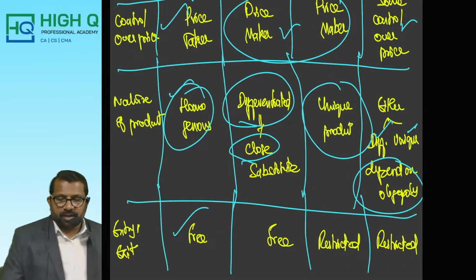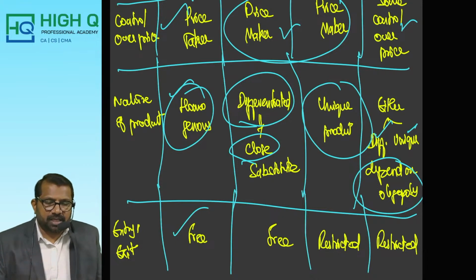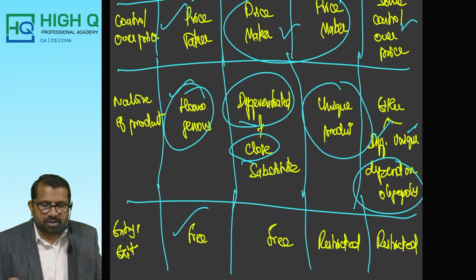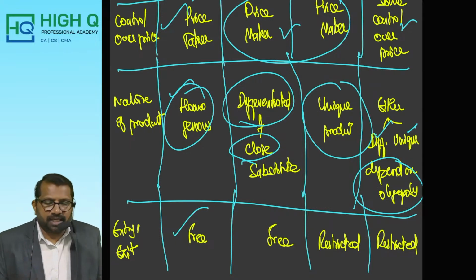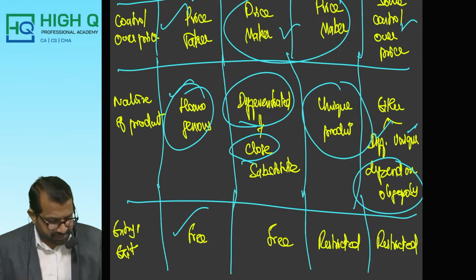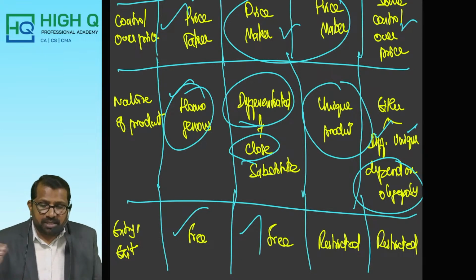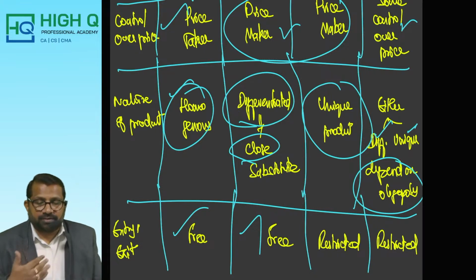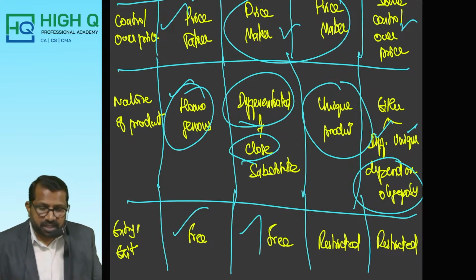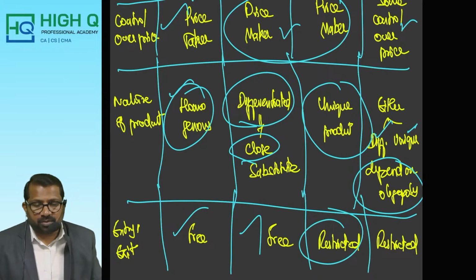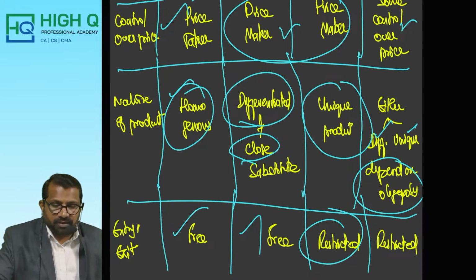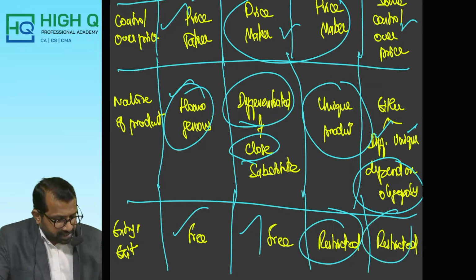Here free entry. In perfect competition, they can enter the business, and once they have decided, they can exit. The same is applicable in monopolistic competition. But it is not easy in monopoly since the investment is very, very high, and a lot of statutory requirements are also needed. So it is restricted, not only in monopoly, even in oligopoly entry and exit is restricted.